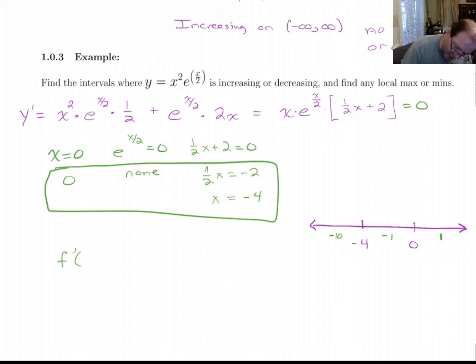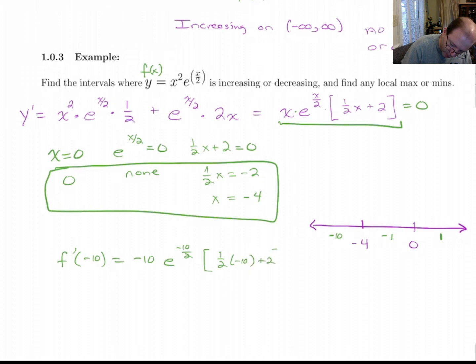So f prime of, my function up here was y, but I'm going to also call it f of x. So f prime of -10, when I plug that into my f prime, I get -10 times e to the -10 over 2 times 1/2 times -10 plus 2. So this is negative. E to the -10 over 2 is positive. And then this is going to be -5 plus 2, which is negative.